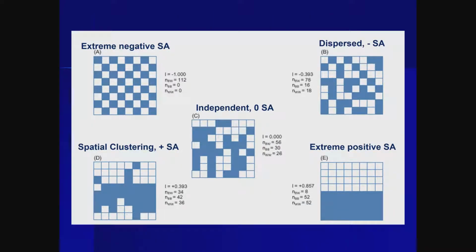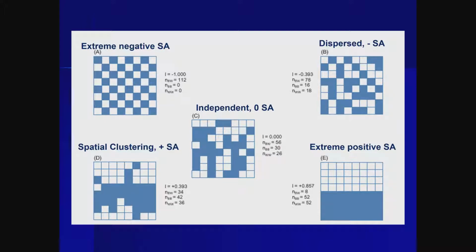So here are some other examples. Just an extreme negative spatial autocorrelation, extreme positive, and then basically extreme positive means that they're extremely clustered values. Spatial clustering is... some spatial clustering would still be positive.